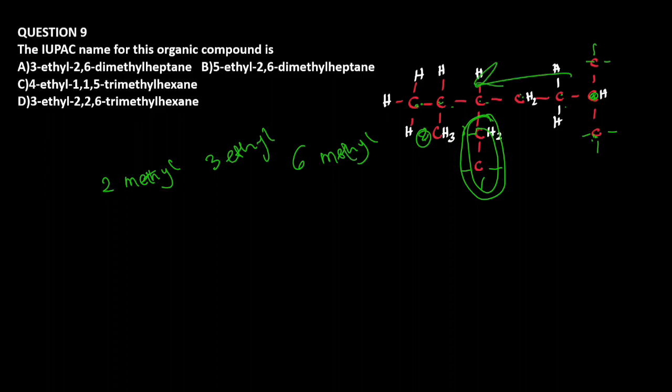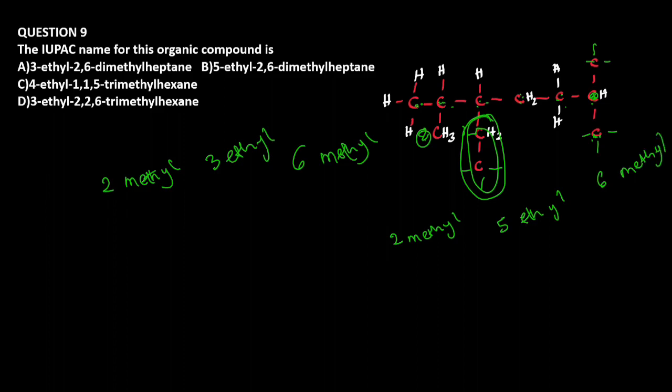Now let's go in the other direction. Let's see which one we should choose. Okay, 1, 2. So you can say 2 methyl, 1, 2, 3, 4, 5. So 5-ethyl, 6 methyl.